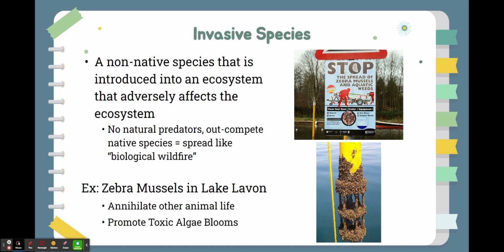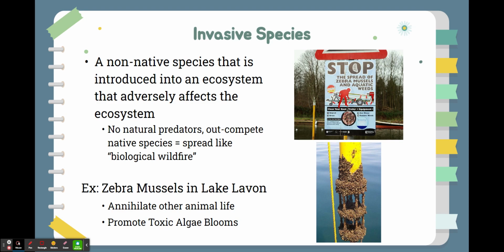A prime example that is local to us is going to be the introduction of zebra mussels into Lake Lavon. So, zebra mussels are small, invasive freshwater mollusks. They're actually native to the Caspian and Black Sea regions in Eurasia, and they were accidentally introduced to North America through the ballast water from ships.